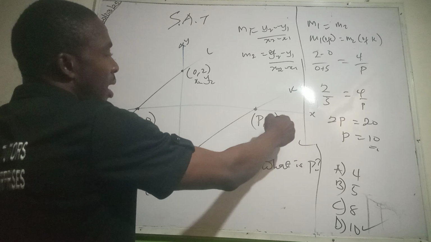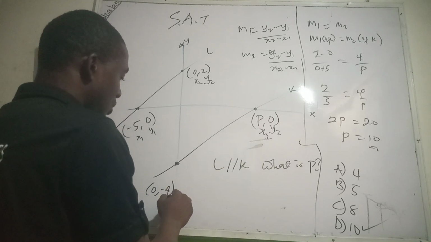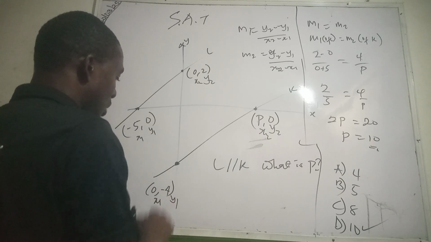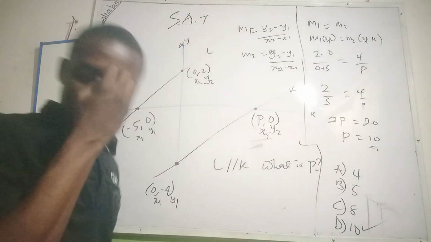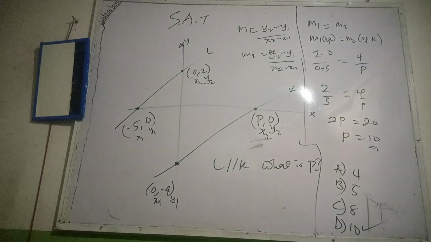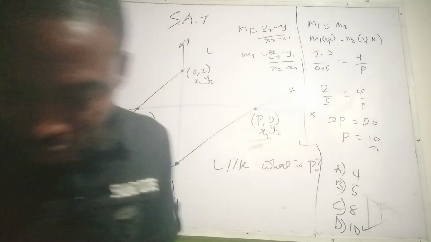Again, this is my Y2, this is my X2, this is my Y1, this is my X1, on line K and line L. That's what I did. So kindly rewatch again to get whatever you are not getting there.